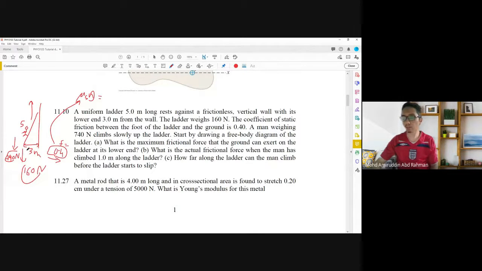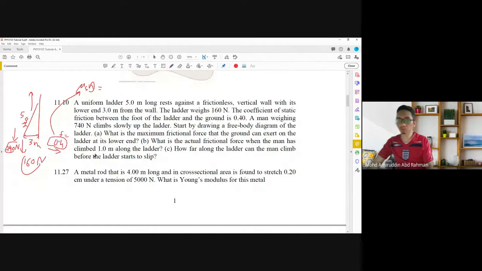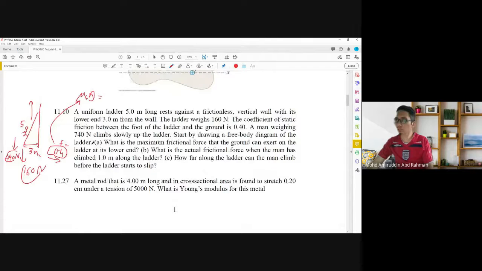Okay, hold on. Once he has climbed 1 meter along the ladder, what is left is another 4 meter, right?